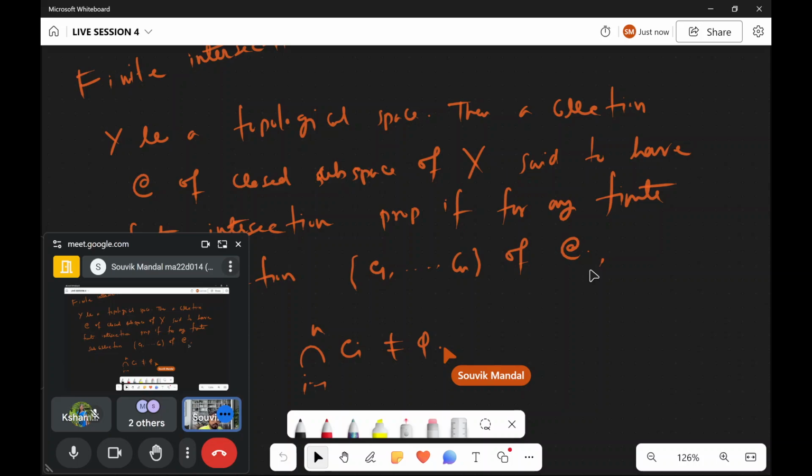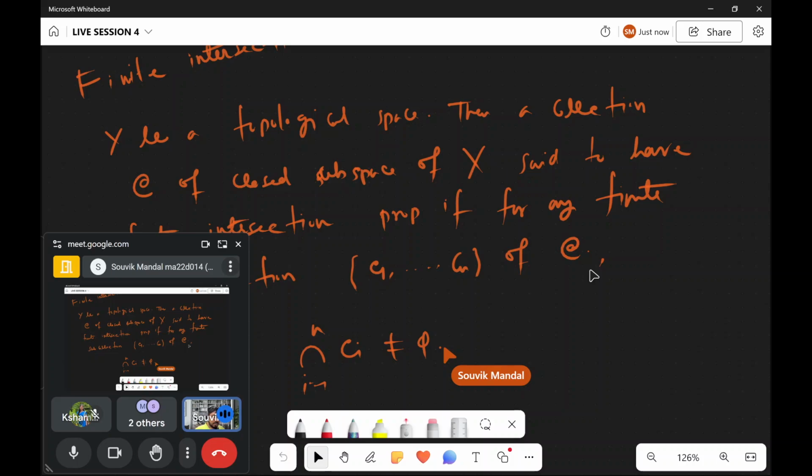So suppose X is a topological space. Then a collection C of closed subsets of X is said to have the finite intersection property if any finite subcollection C1, C2, ..., Cn of C has non-empty intersection.